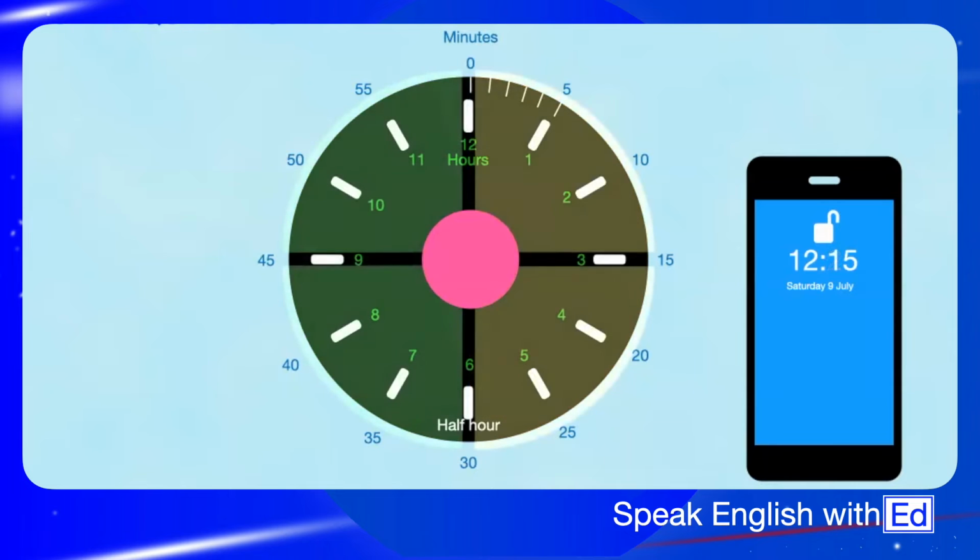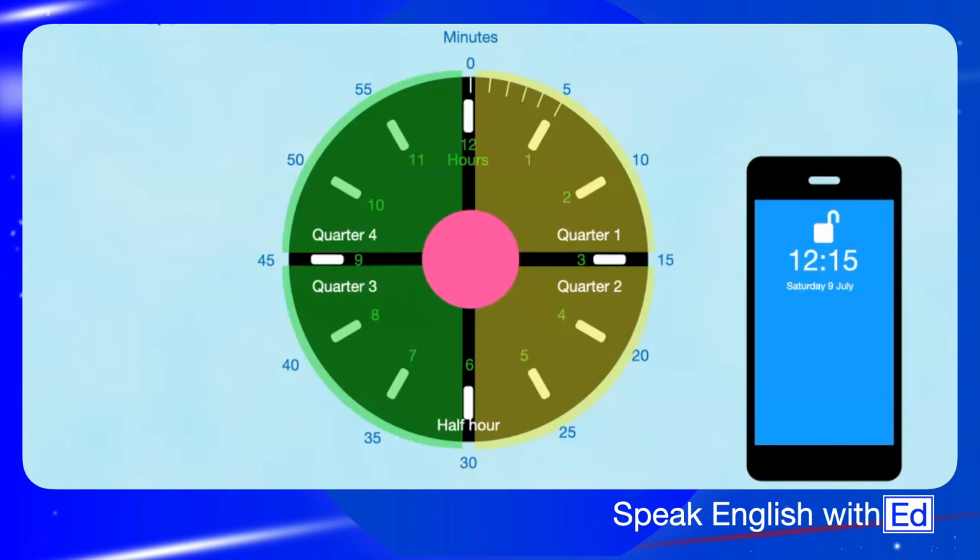Now, we've already mentioned quarters. So what are quarters? Well, a quarter is a fourth. It's the whole way round, divided into 4 different parts. On the clock, or with anything that you divide into 4, there are 4 quarters, all the same size, and all these quarters are 15 minutes long.